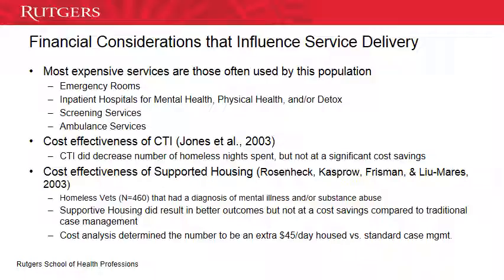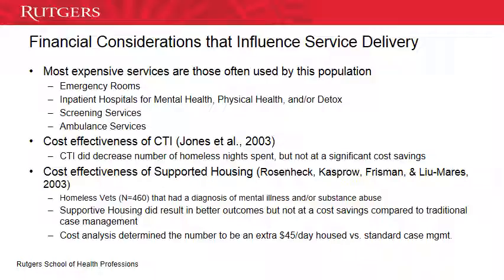So this is certainly a financial consideration that we do want to address, and supportive housing has been attempting to address it by this idea of placing somebody in their house first and foremost, as a way to avoid some of the more costly services.